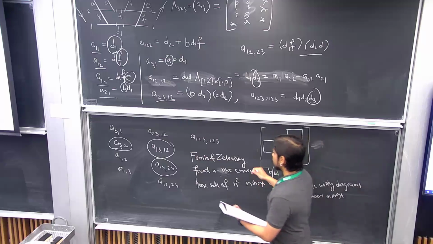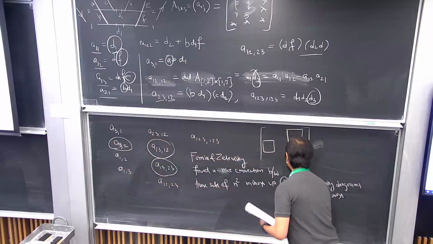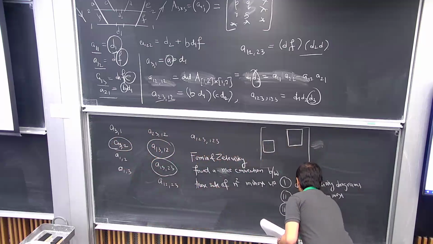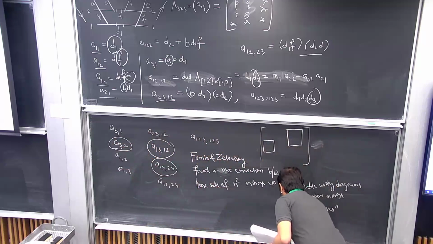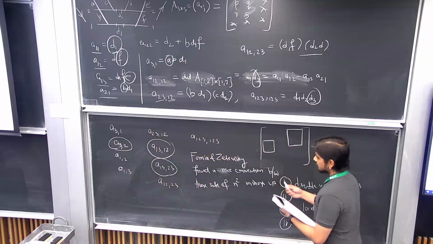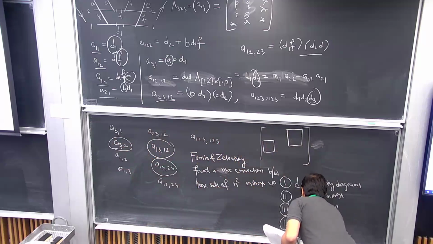To move from one set of n square minors to another set of n square minors, they used things called local moves. And these local moves basically change the collection of minors using certain determinantal identities.